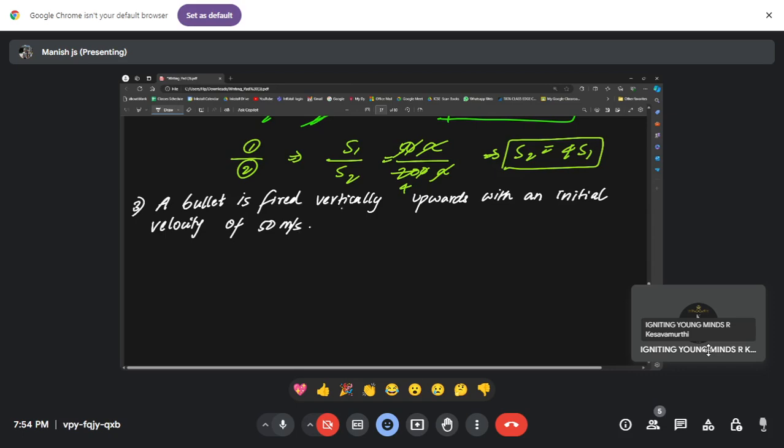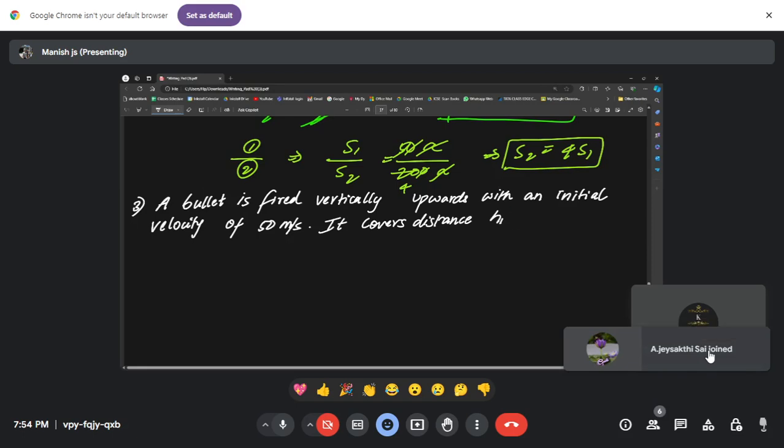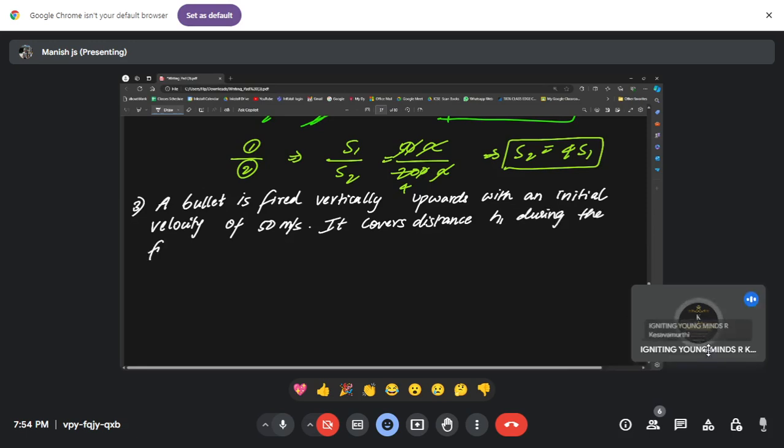It covers distance h1 during the first second and a distance h2 during the last 3 seconds.